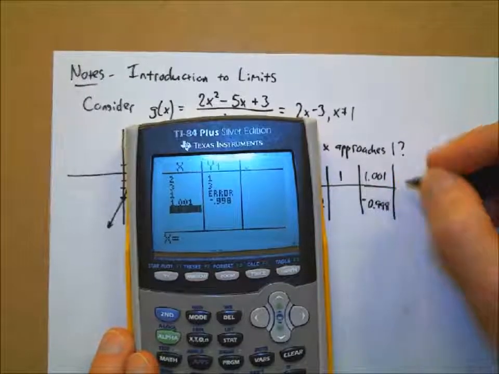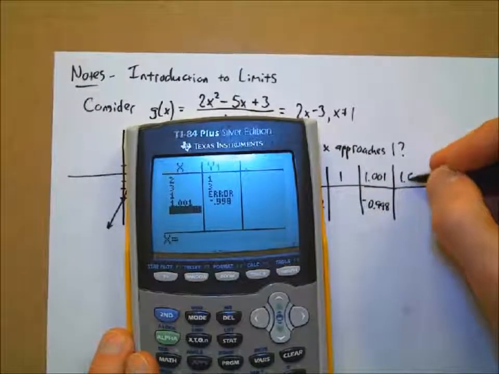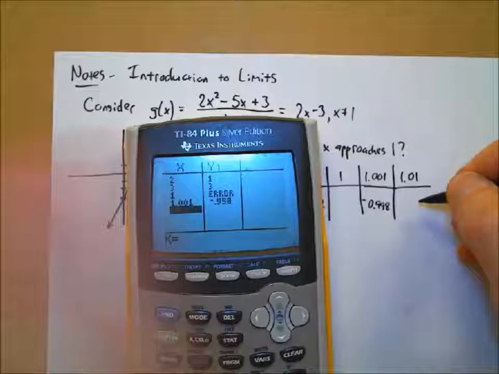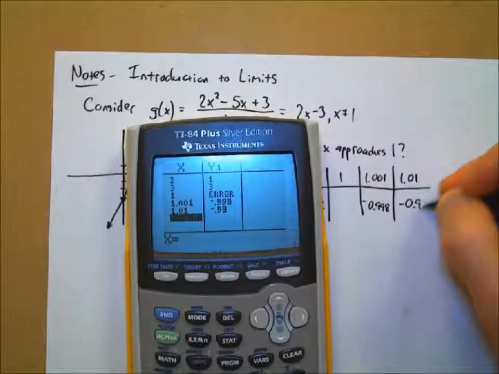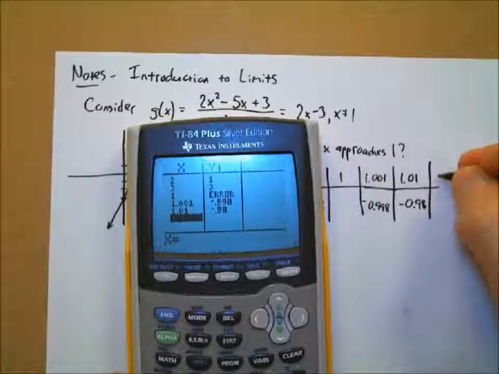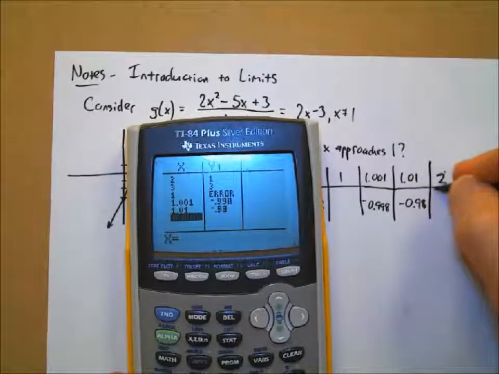Okay, and then I'll do like 1.01, moving further away now from the 1, and we get negative 0.98. And then I'll do, not negative 2, sorry, I'll do positive 2. And then when I do positive 2, I get 1.